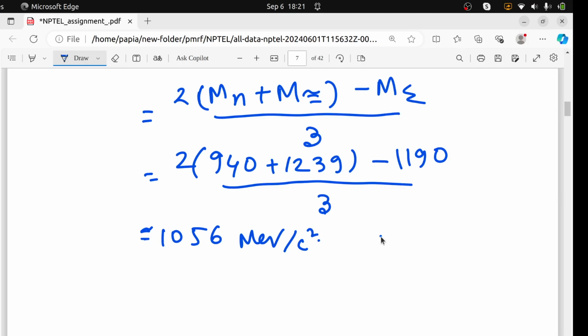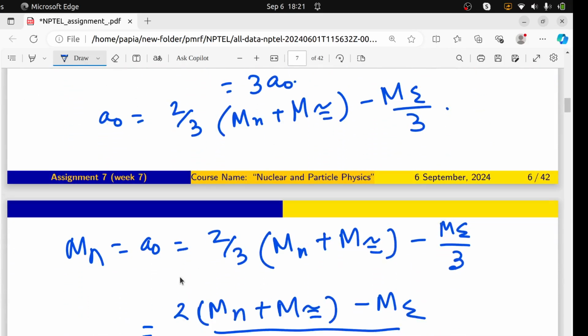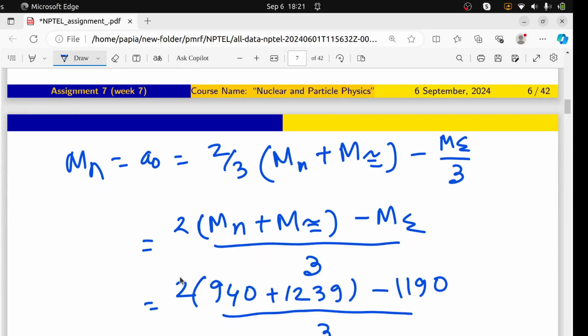So see, actually there is a question of how M lambda can be a function of Mn, M sigma and M cascade. So how to calculate that one? We don't know the expression for M lambda in terms of these three masses. So what we did, we just started from the very beginning with the general expression of the Gell-Mann-Okubo mass formula, and after that we derived A0, A1, A2.